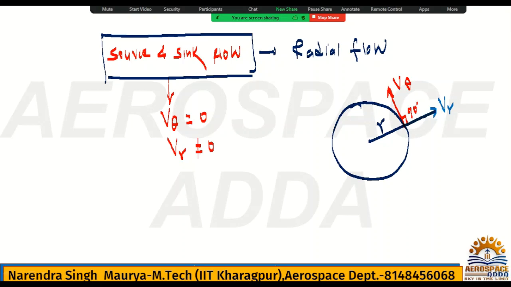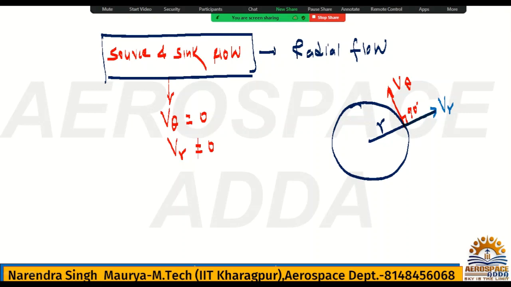Only radial flow will be there, just like a sink at your home. Sink is there, right? So sink is one example of the sink flow. That's the reason the word sink flow is given. Wash basin is also called sink sometimes, right? Why is it called sink? Because it is sinking the flow at one point. That will be the hole, and that flow will be going inside. Got my point?